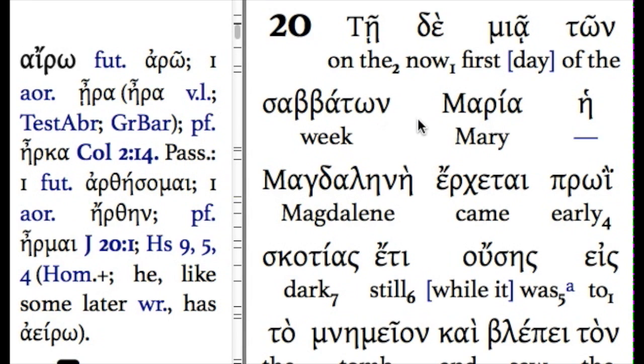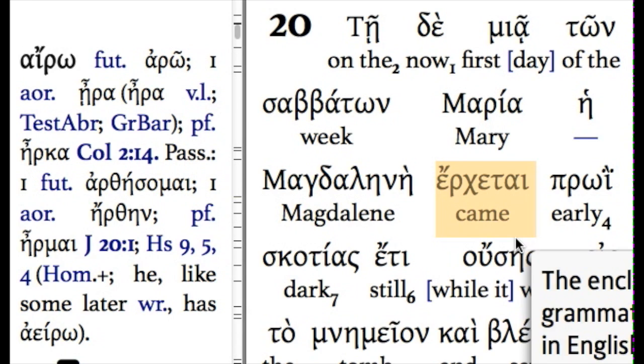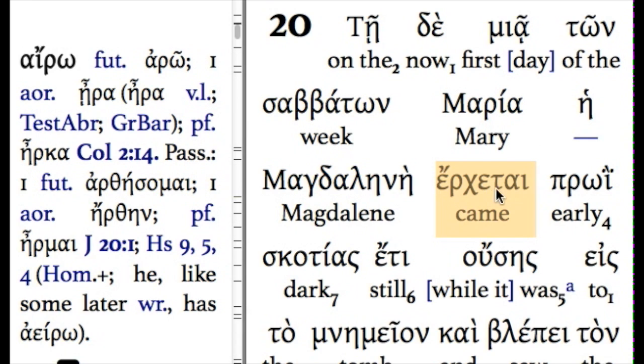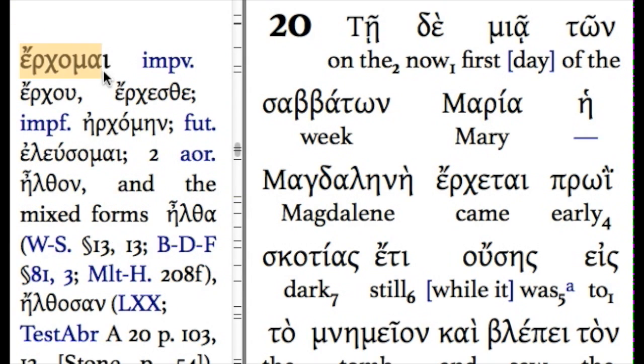On the first day of the week, Maria he Magdalene, Mary Magdalene, right? Erchetai, okay, here we go. Here's our first verb. Now, what's erchetai? What's the lexical form? That's a middle passive ending, right? But it's from, come on, erchomai, right? So this is, please say the word, deponent.